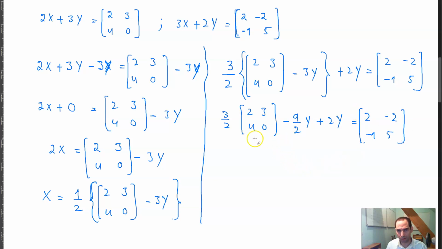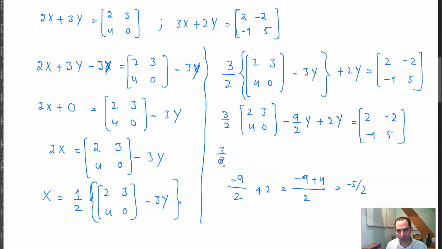Now, negative 9 halves Y plus 2Y would be negative 9 halves plus 2, which is the same thing as negative 9 and plus 4, so that's negative 5 halves.